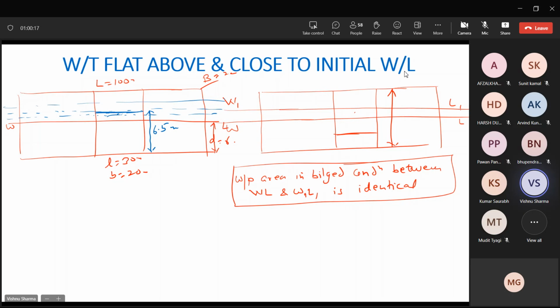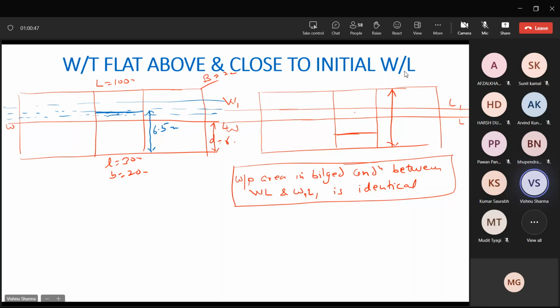All three situations can happen, na beta? The final water line after sinkage, unless I calculate, I cannot be sure with certainty whether it is below the watertight flat, in line with the watertight flat, or above the watertight flat. Have you understood what is the problem we are facing now? Yes, sir.